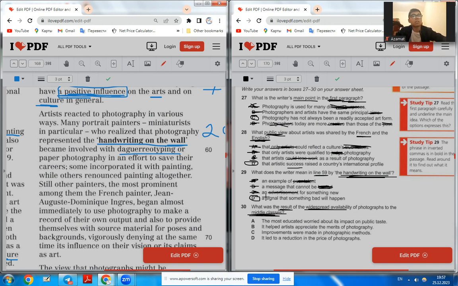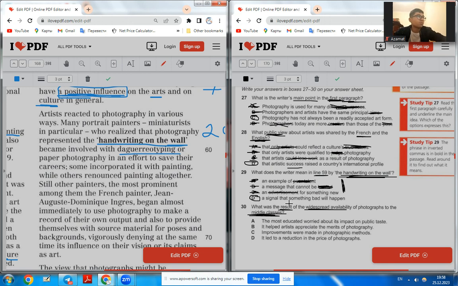So, as I mentioned before, you can actually find the correct answer by eliminating incorrect answer choices. This is a perfect example where you can use this. By eliminating the other three answer choices, you can find the correct answer D.